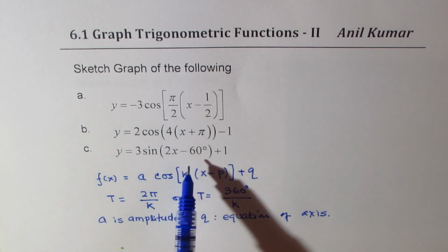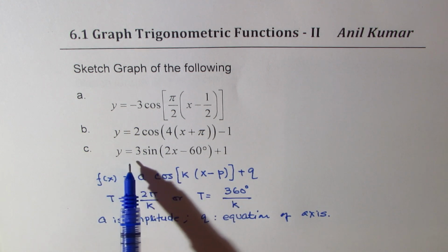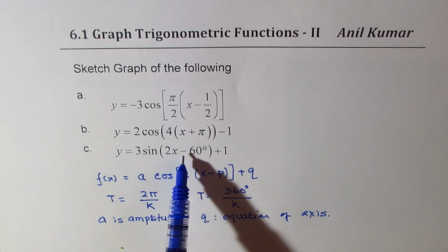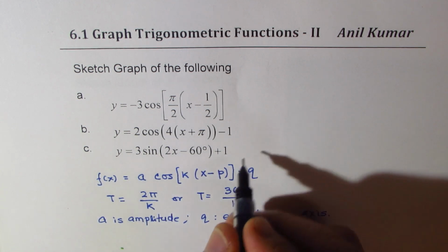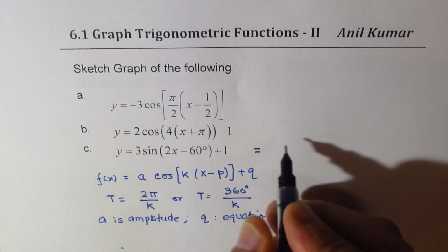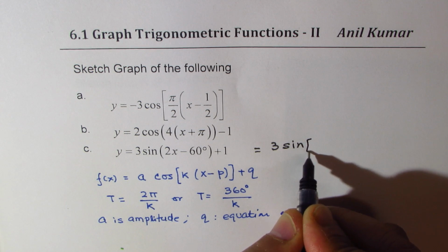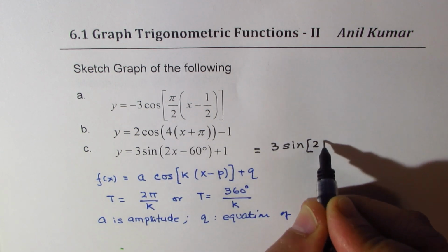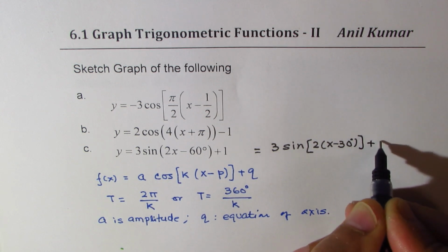Now when you look at the function, at times we may have something like part C, 3 sine (2x minus 60 degrees) plus 1. In this case, it is very important to factor out 2. So let's factor 2 here and rewrite the equation as sine 2 times (x minus 30 degrees) plus 1.